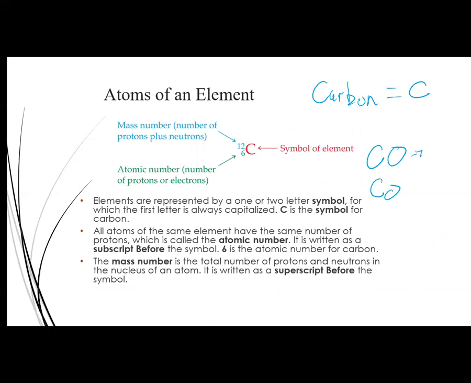The top one is a carbon and an oxygen. The bottom one, with a large C and a lowercase o, is just the element cobalt. So it's really important that you capitalize the correct ones and make the other ones lowercase. Don't just rely on their size to do that. You want to make sure that you're following the normal methods of writing.